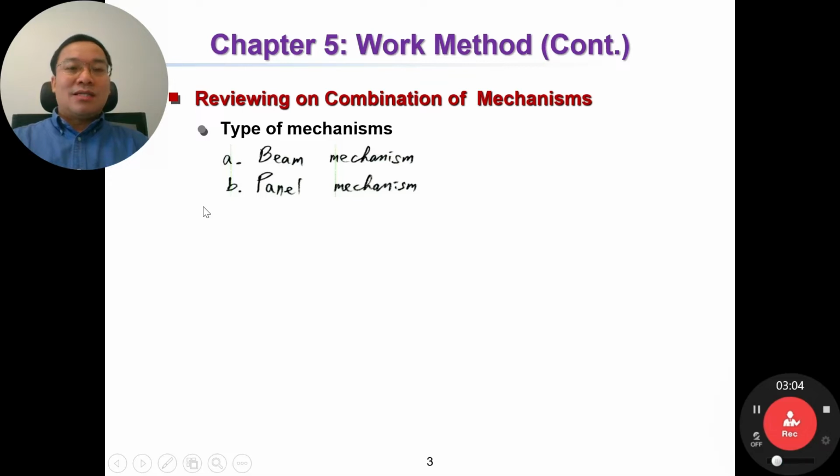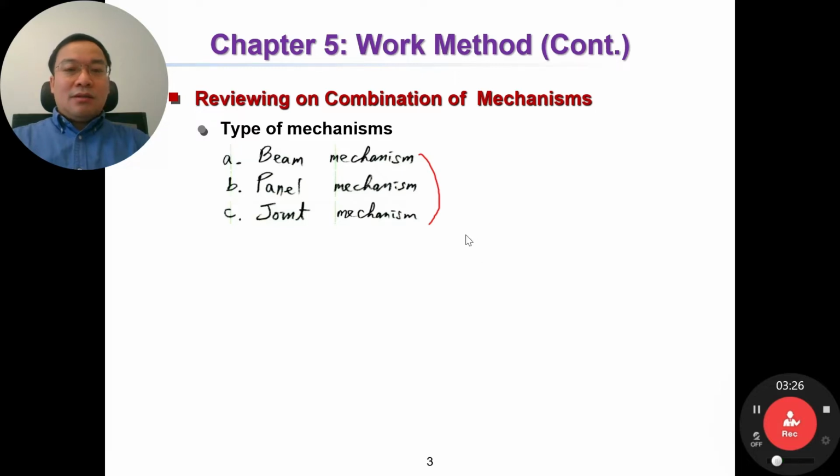And the third type of mechanism is joint mechanism. Beam, panel and joint mechanisms are called independent mechanisms. Okay, they are independent mechanisms.